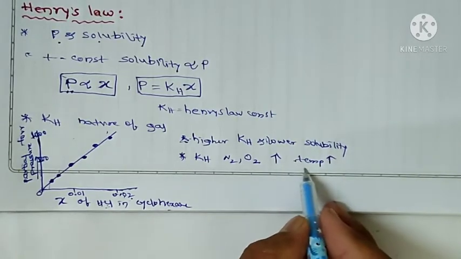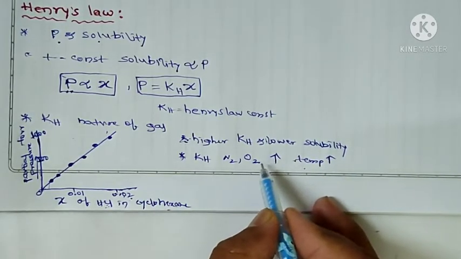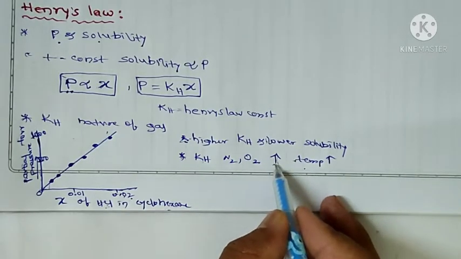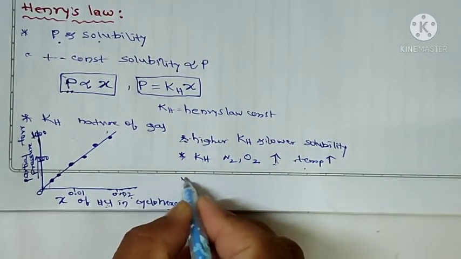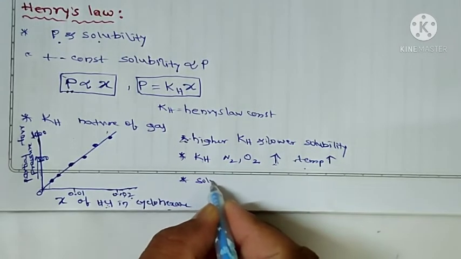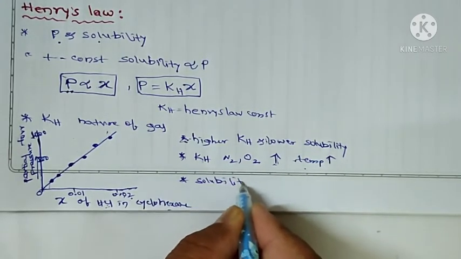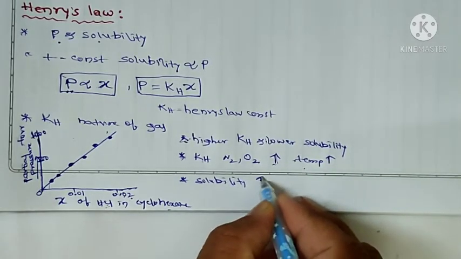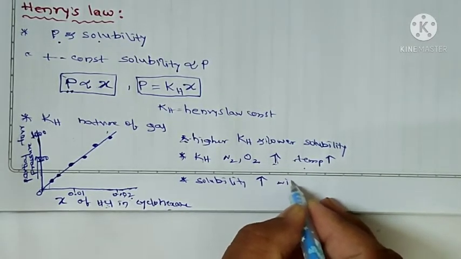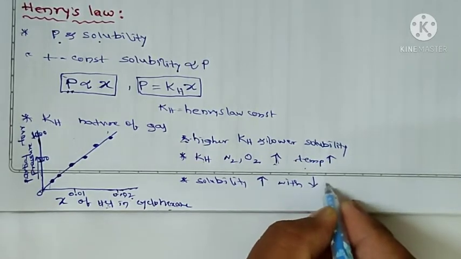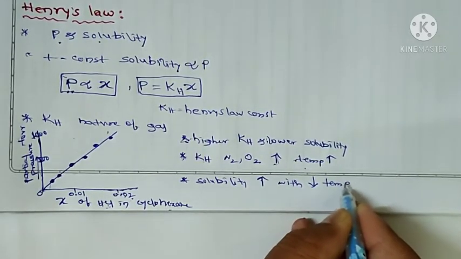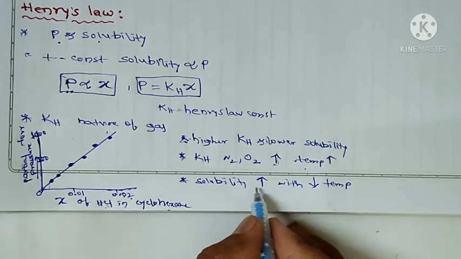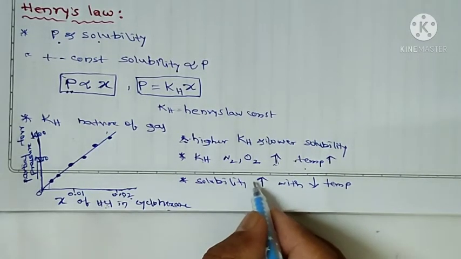So with the increasing of temperature, the kH values of N2 and O2 gas will increase, and the solubility of gases increases with the decreasing of temperature. Means if you decrease the temperature, the solubility of the gases increases.